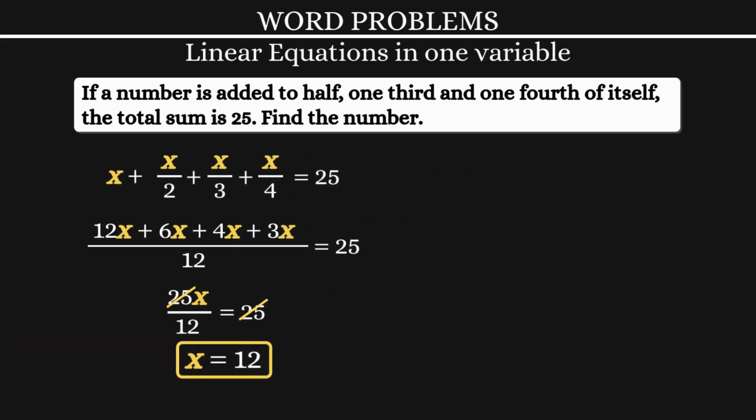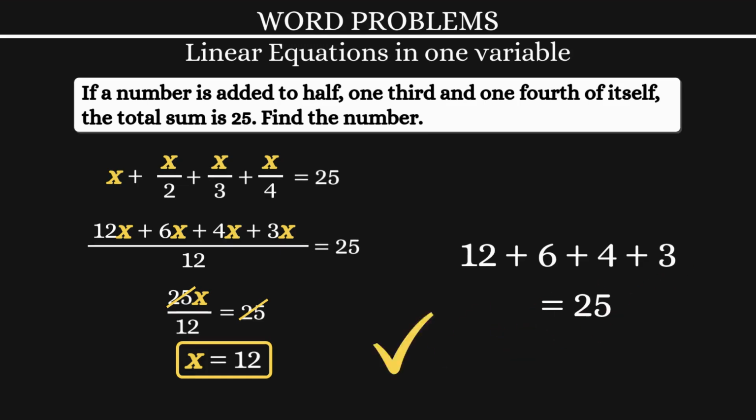To check the answer, let's find 12 plus half of 12, which is 6, plus 1/3 of 12, which is 4, and 1/4 of 12, which is 3. This gives us 25. So our answer is right.